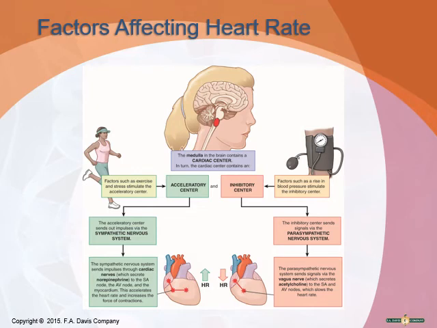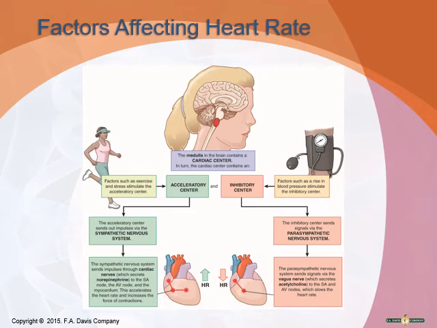Although your heart generates and maintains its own beat, your nervous system can influence your rhythm as well as the force of your contractions. The medulla oblongata in your brain is where your cardiac center is located, and it contains an acceleratory center and an inhibitory center.